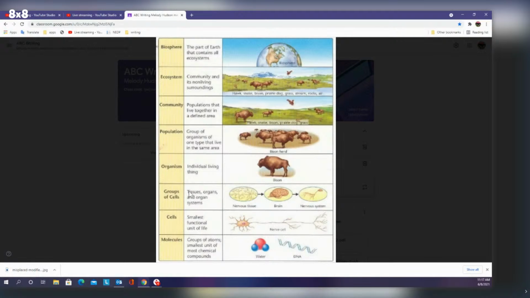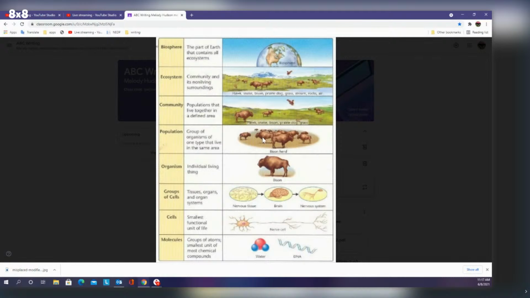Then, when we have all that put together, tissues, organs, and organ systems, they make organisms, or an individual living thing. And in this case, we're talking about a bison. When you get a herd of bison moving up, a group of organisms of one type that live in the same area, then we have a population.